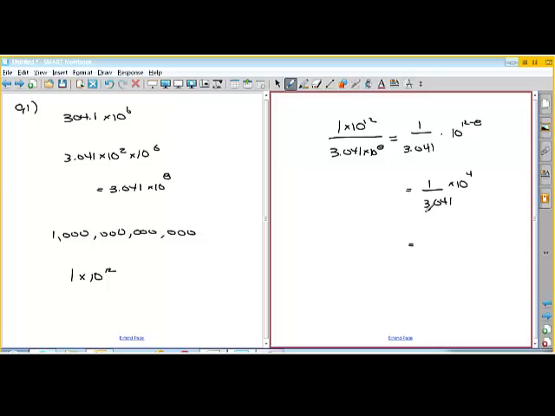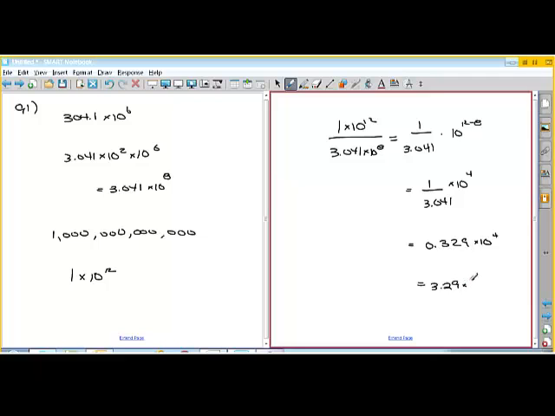If you do the math there, 1 divided by 3.041 is 0.329 times 10 to the 4th. And if I move this 1 decimal point, then I have to reduce this by 1, because in scientific notation the first number has to be between 1 and 10, so it's going to be 3.29.